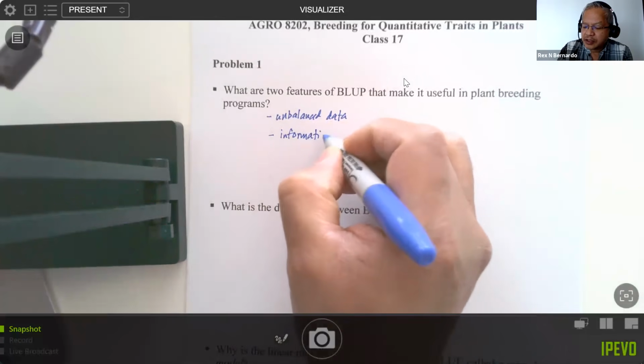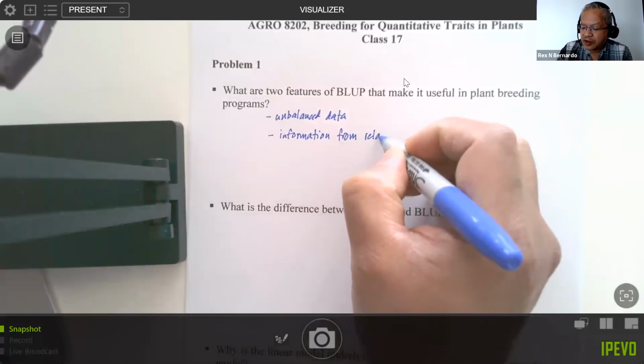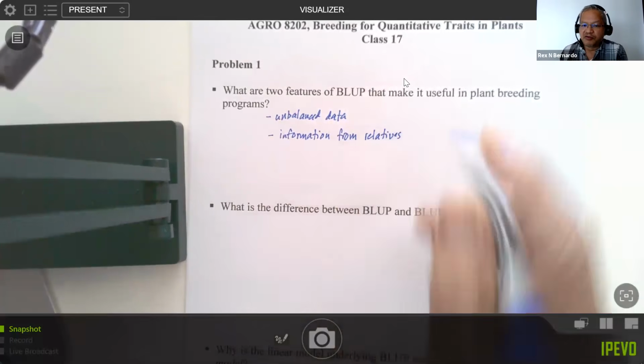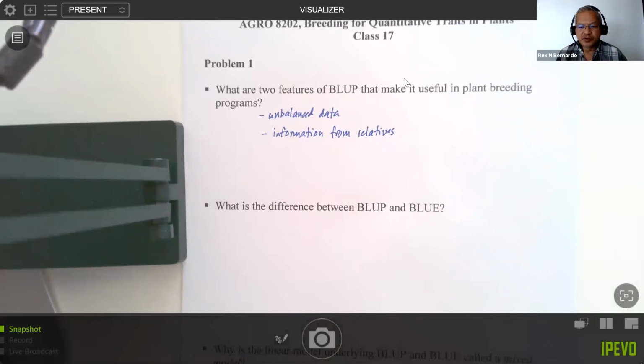A second feature that makes BLUP useful is the use of information from relatives. Typically in plant breeding, we evaluate a candidate based on the phenotypic performance of that candidate by itself. However, in the animal breeding literature, because you cannot replicate a cow or a pig, they're used to extracting information from relatives to come up with more precise predictions of genotypic value.